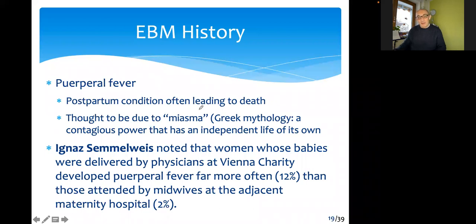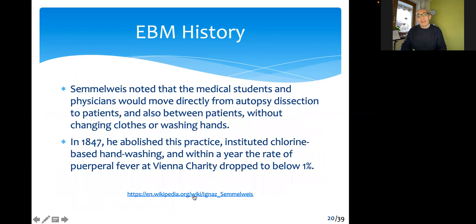And he observed that those delivered by physicians had far more often, 12%, puerperal fever than those delivered by the midwives, because midwives did not have anything to do with the autopsy, with the dead bodies.